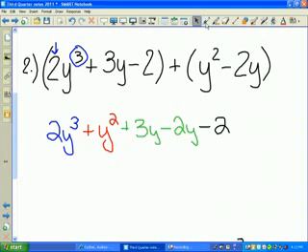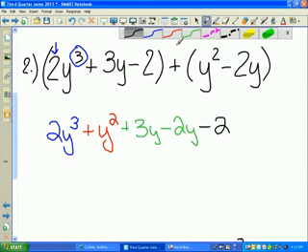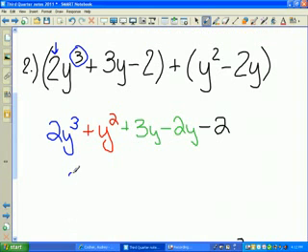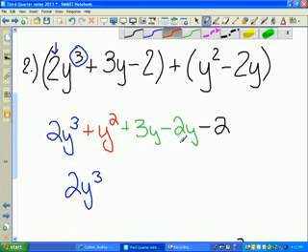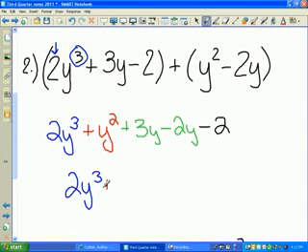So now let's get our like terms together. So with this 2y cubed, it seems like that's the only one that's there, so I just bring it down, 2y cubed. And the y squared, I don't have any other y squares up here, so I'm just going to bring that plus y squared down.